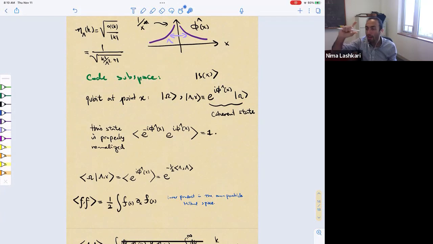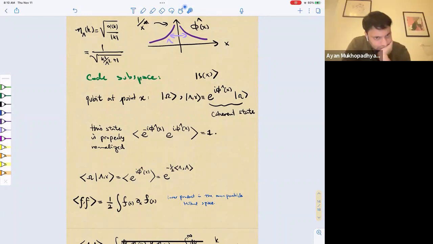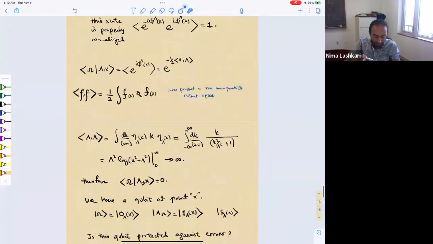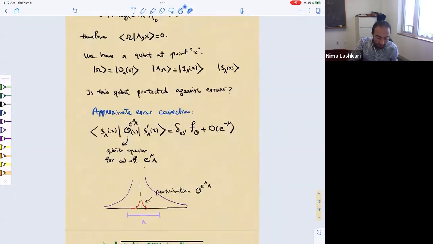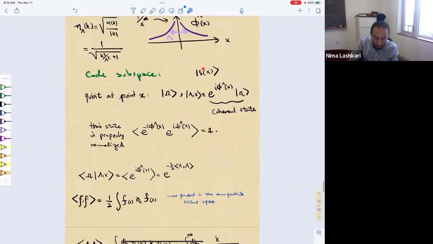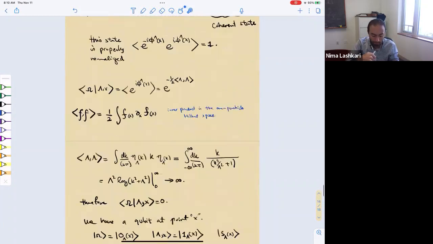At each point I'm mimicking a qubit, because the Hilbert space is a boson, so it's infinite dimensional at each point. It's messy to work with, so I'm just simplifying my life by saying I have a qubit at each point and I'm looking at that subspace. This is just to make everything closer to the examples we're discussing. Of course there's a lambda index here because I put the coherent state with the operator flowed at that scale.